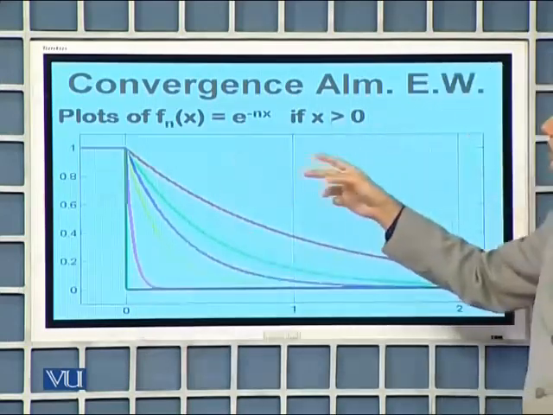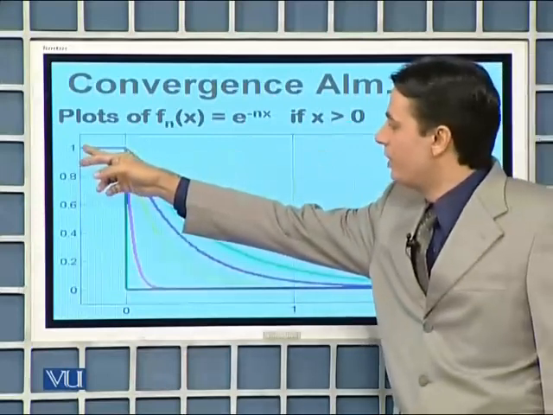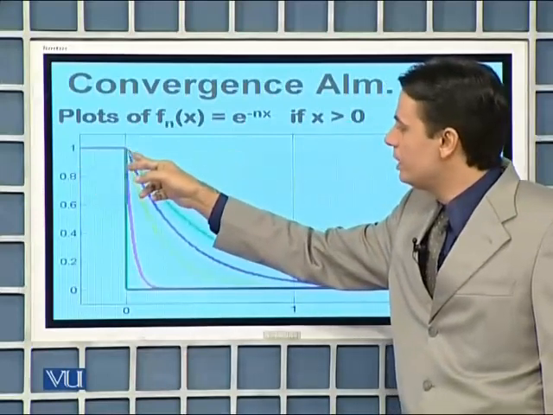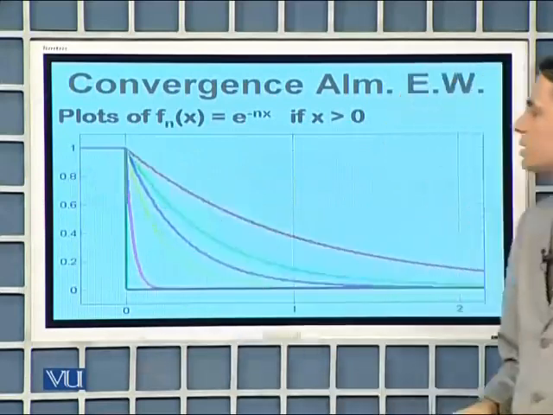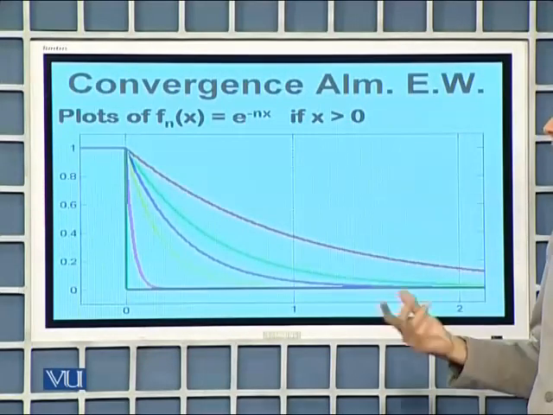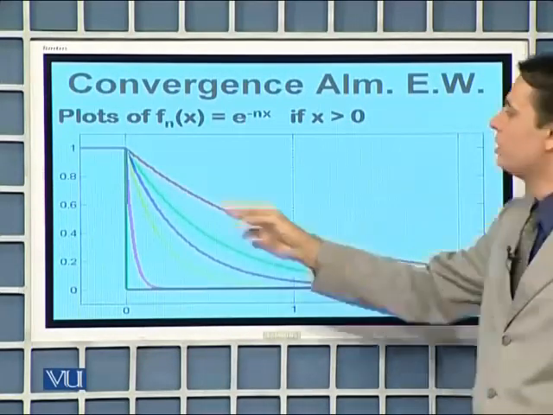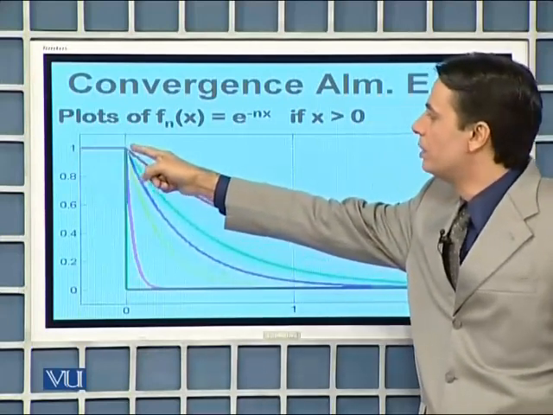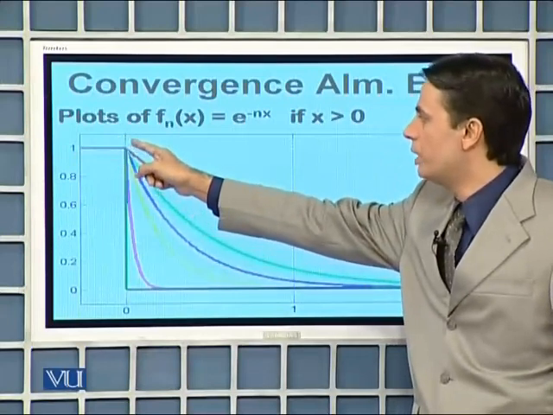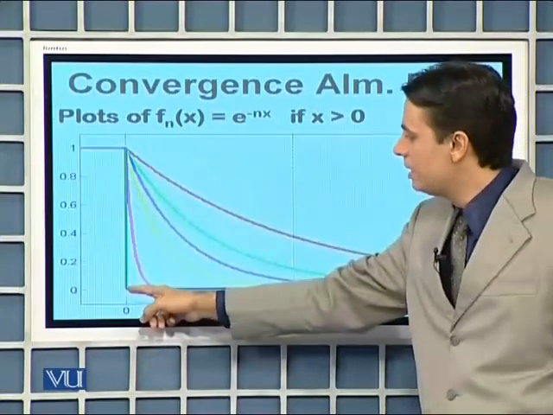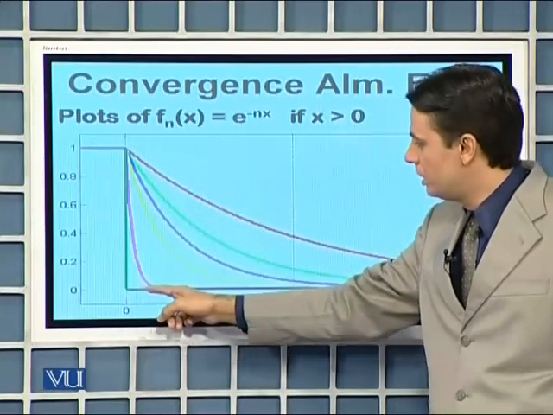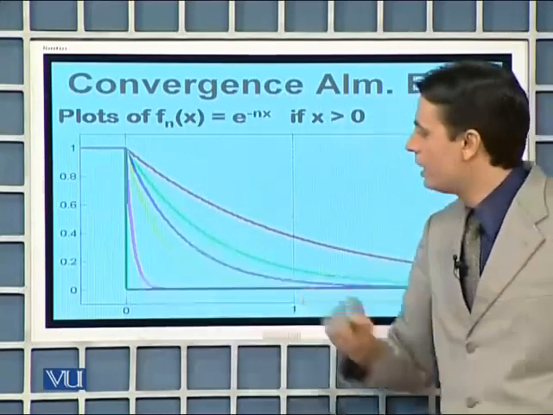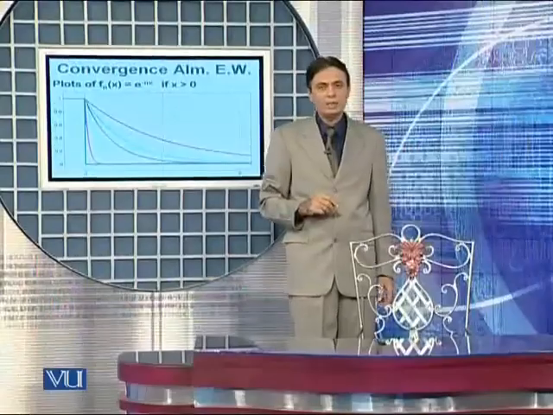We said that for values which are negative including 0, the sequence of functions remains at 1. So we can say the destination function also remains 1. So the destination function is 1 from negative numbers to 0, including 0, and then it suddenly jumps to a 0 valued function for all values which are greater than 0.